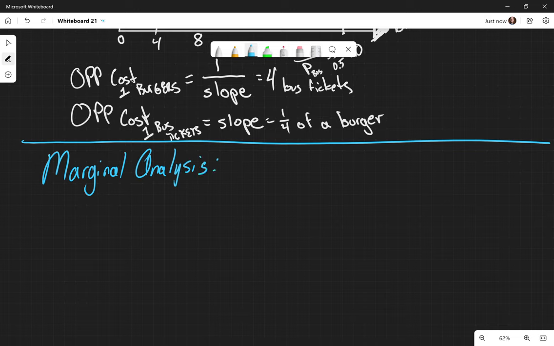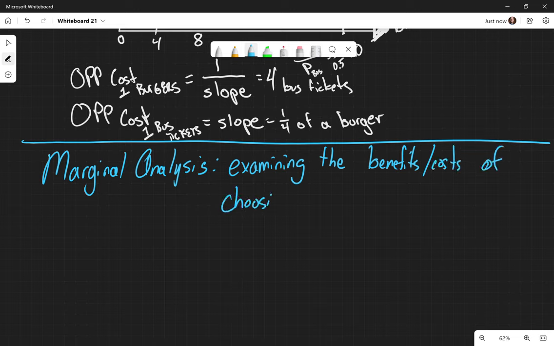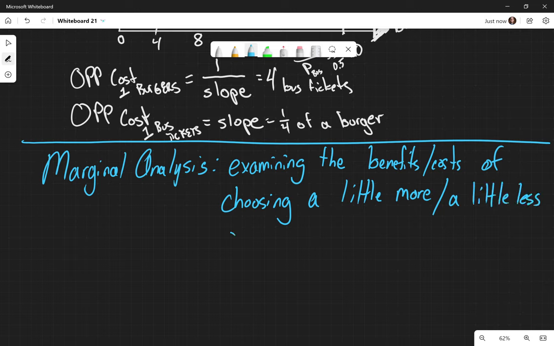Marginal analysis is when, instead of looking at things all or nothing, in their totality, we are examining the benefits and the costs of choosing a little more or a little less of a good.